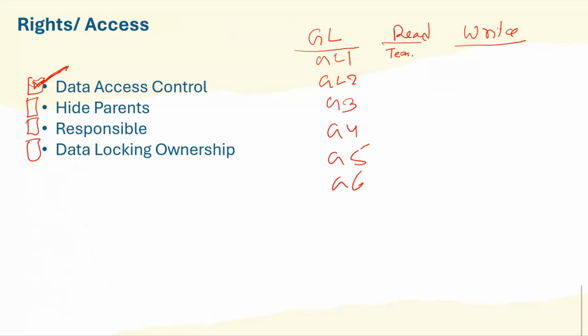So this is team 1, and let's suppose this is team 2. Out of 6, team 1 will be able to see only these, and when any person from team 2 accesses the report, he will be able to see only these 3 GL accounts and not the others.